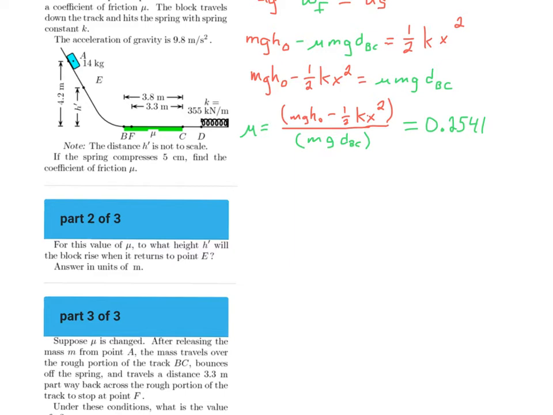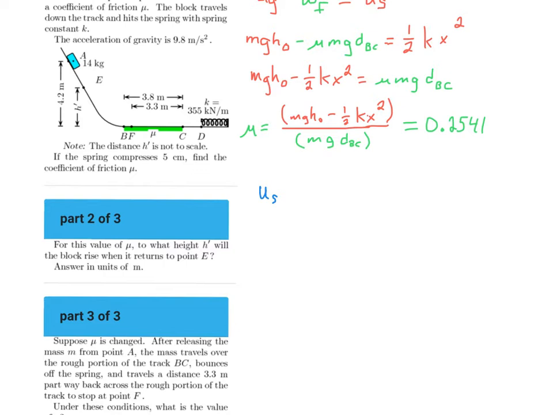Alright, for part 2, it says for this value of mu, to what height would the block return at point E, so that's h prime, the final height, should we reverse things? So if we reverse things, then let's start off from scratch, and let's say that it starts off with the elastic potential over here on the right hand side.